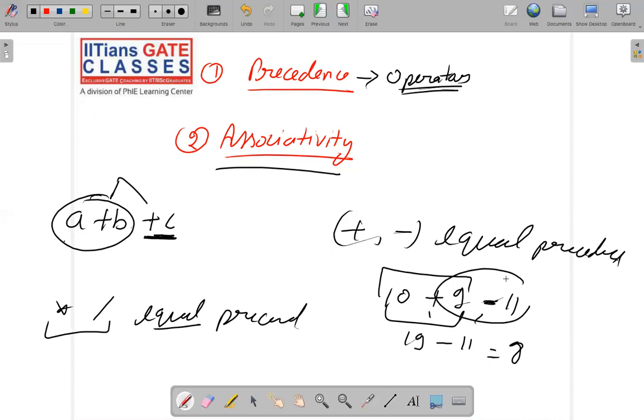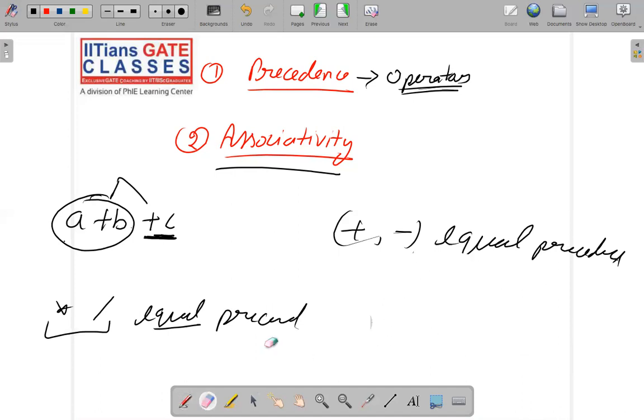Even if you calculate the other one first, it doesn't really matter in the case of plus and minus, but it matters in the case of multiplication and division. If you write like 10 star 2 divided by, for example, 4, and you evaluate this first, it is 20 divided by 4, which is 5.